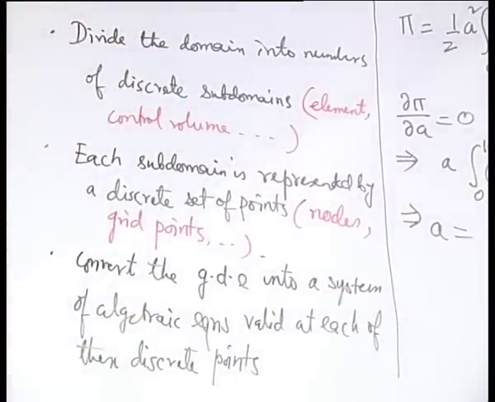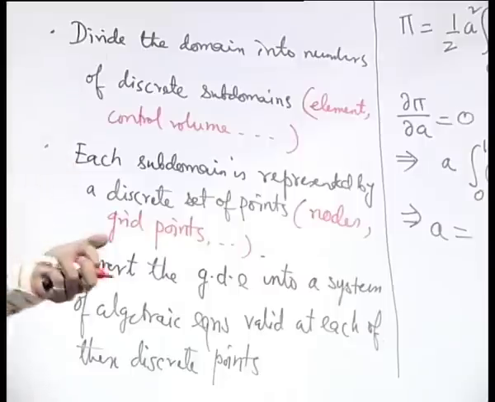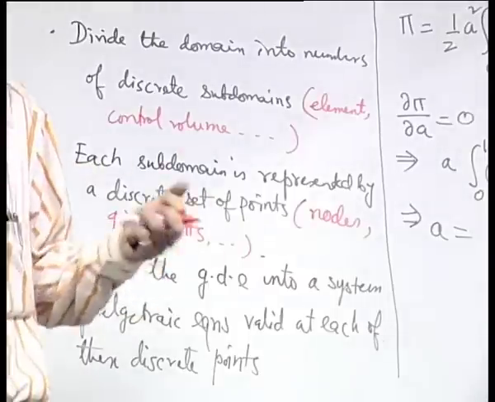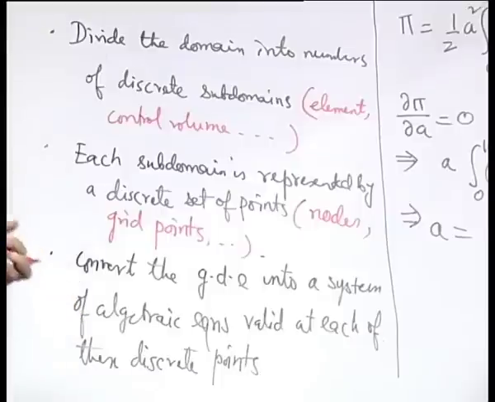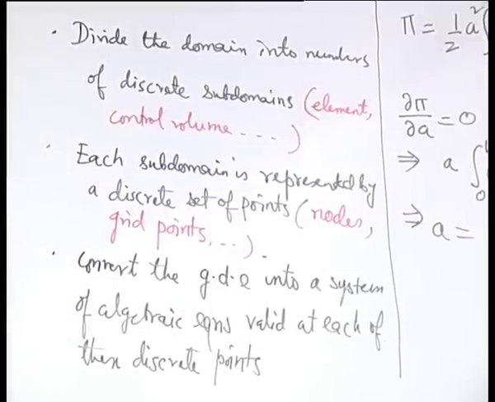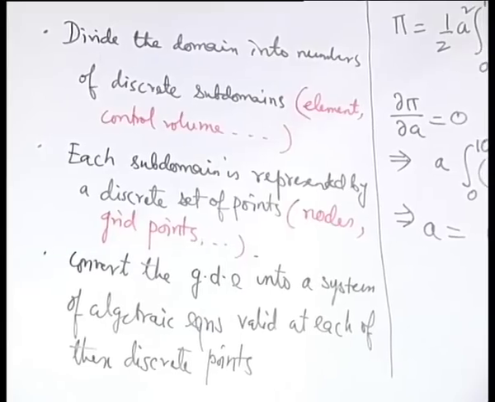So, we can see that you can have different methods in principle. For example, we will see the finite difference method, finite element method, and finite volume method in our subsequent lectures. But first and foremost, it is important to appreciate the general philosophy of these methods.